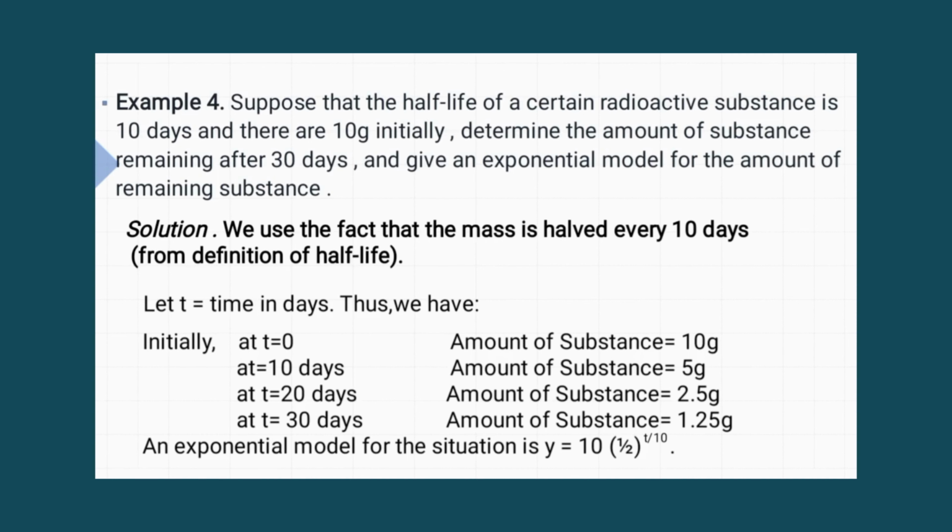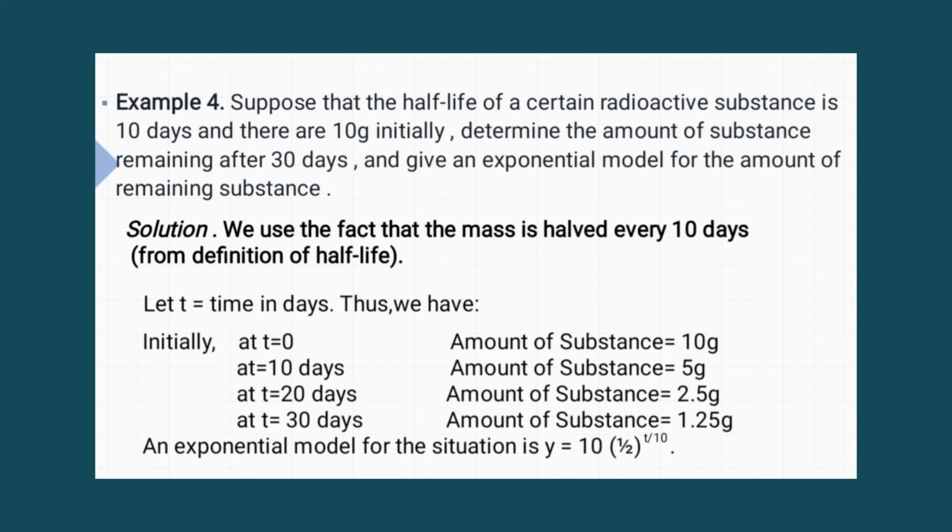Thus we have, initially at t equals 0, the amount of substance is 10. So let's first have a representation at certain times. At the start, the amount of substance is 10 grams. It will be halved after 10 days, so in 10 days it's only 5 grams.